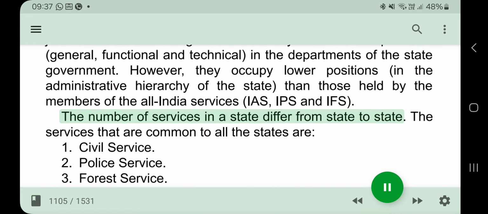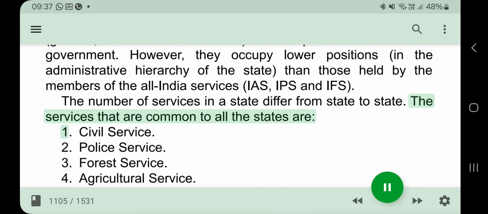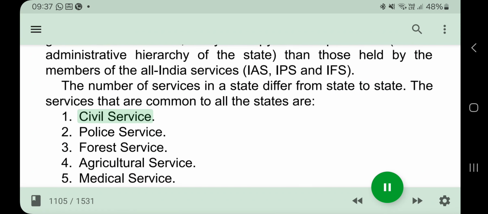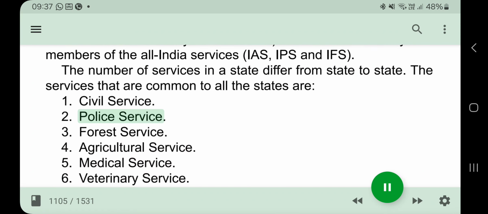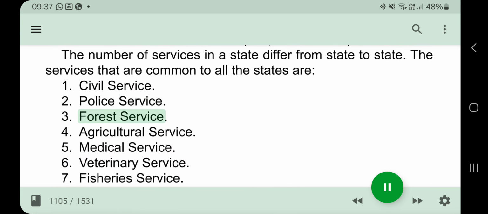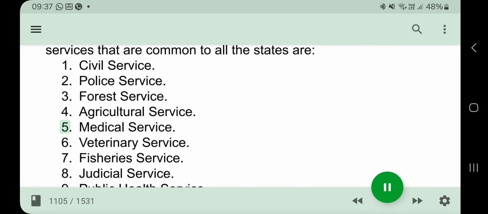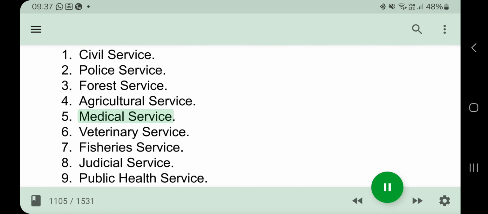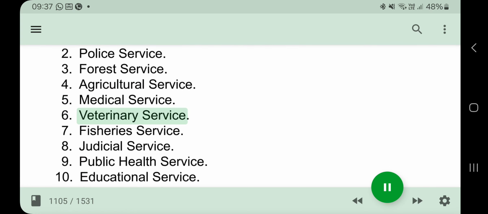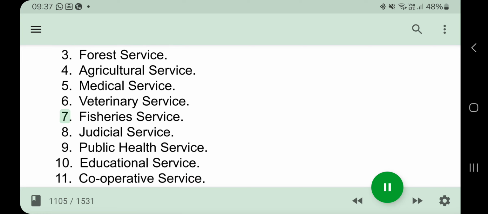The number of services in a state differs from state to state. The services that are common to all the states are: 1. Civil service. 2. Police service. 3. Forest service. 4. Agricultural service. 5. Medical service. 6. Veterinary service. 7.